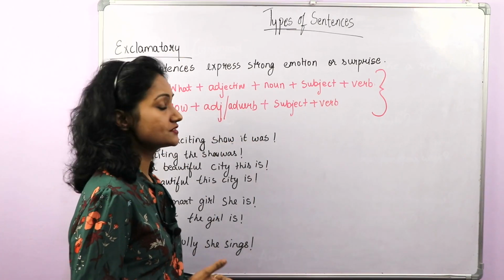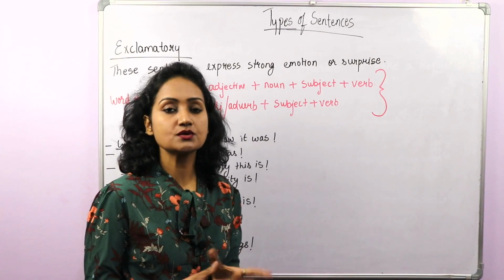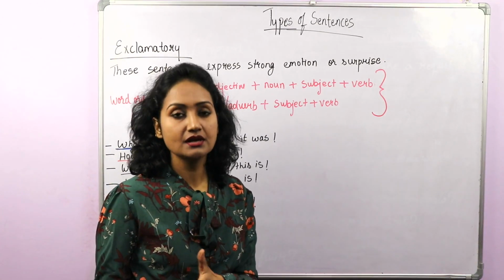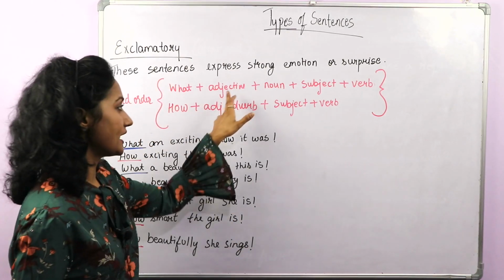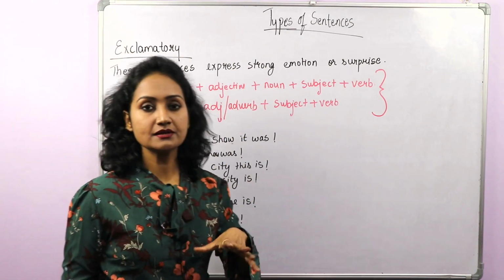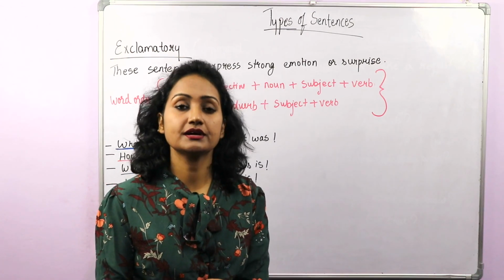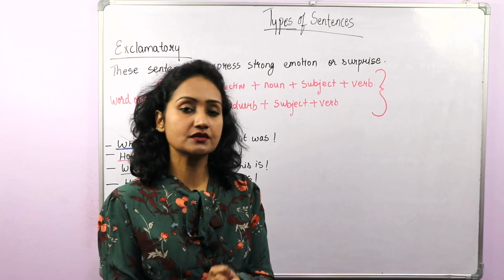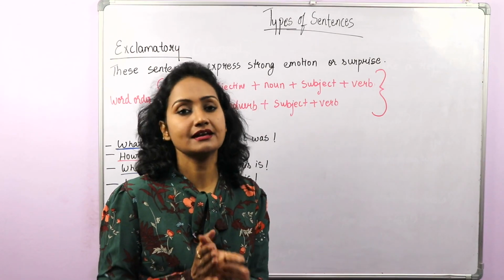Adjectives, we know, are describing words. Any word which describes a noun or pronoun is called an adjective. For example, she is a smart girl. Girl is a noun, and the word smart is describing the girl here. So smart is an adjective.